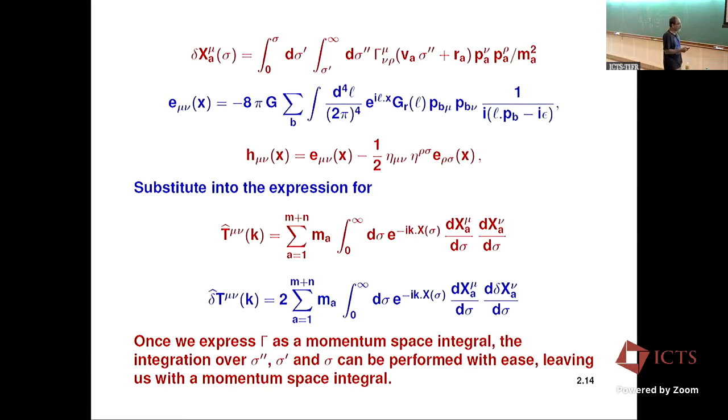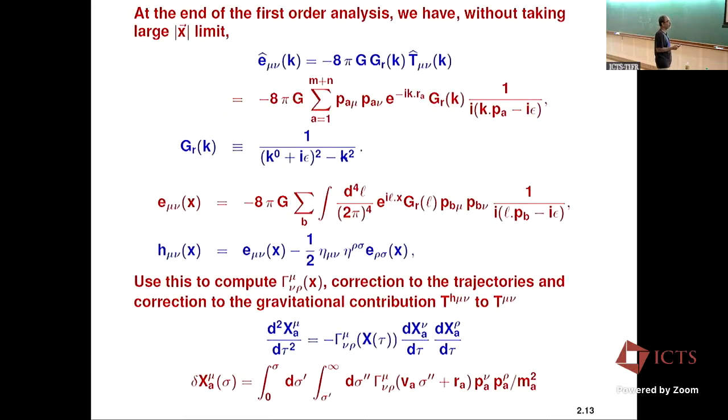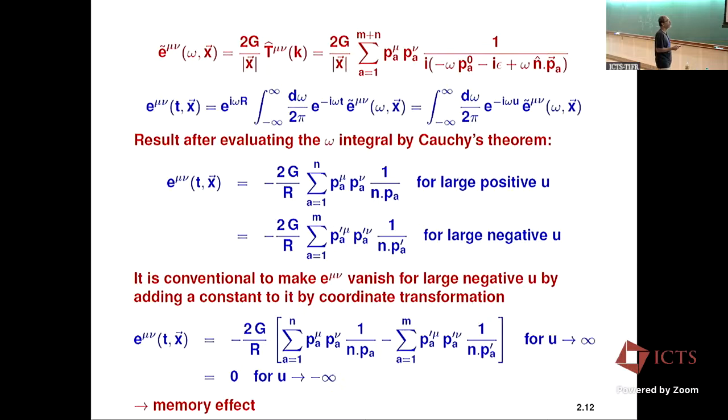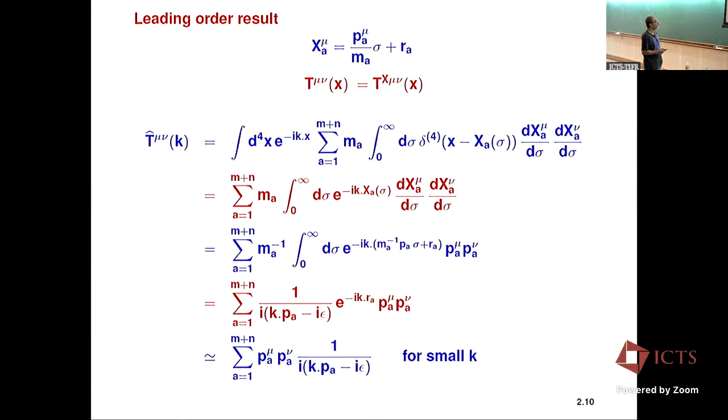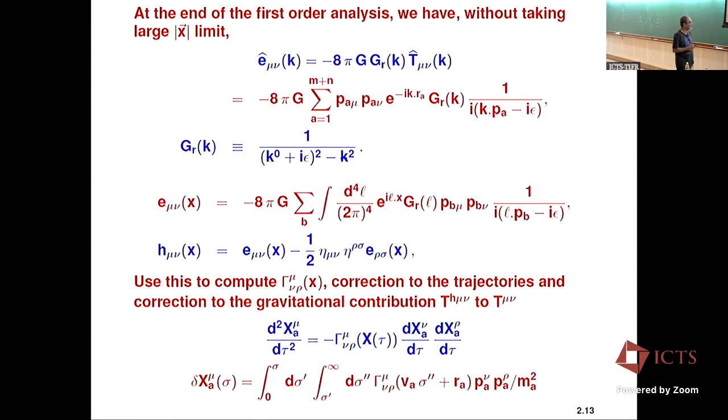And once you write it in momentum space, one can show that the integrations over sigma prime and sigma double prime become easy, right? They basically become integrals of this kind, what we performed here. Yeah, they basically become integrals of this kind and give you factors of this kind, okay, after you do the sigma integral. So I'll now write down the result that one gets.